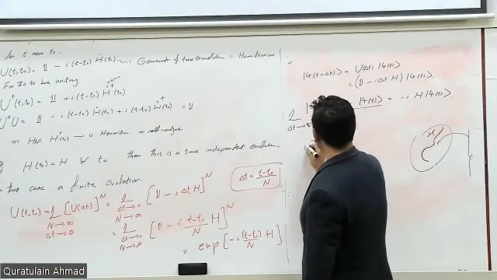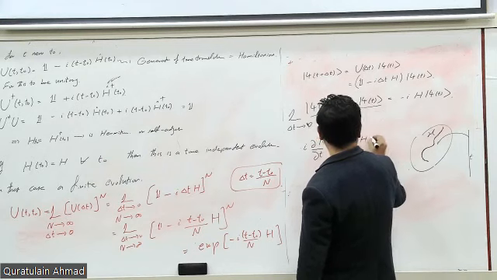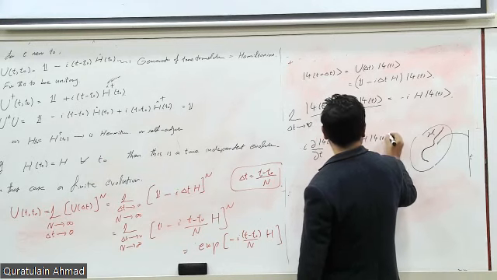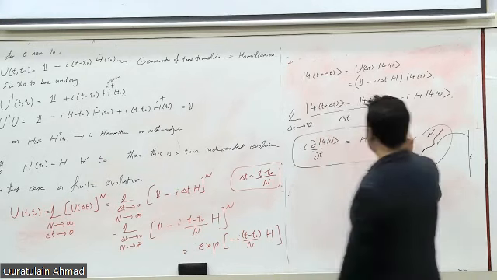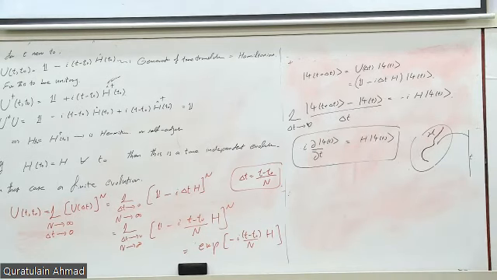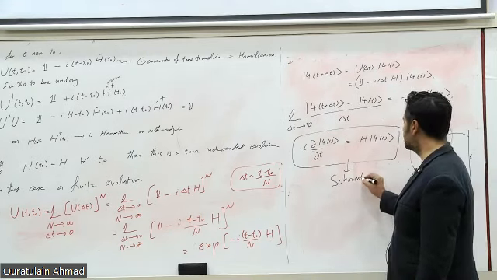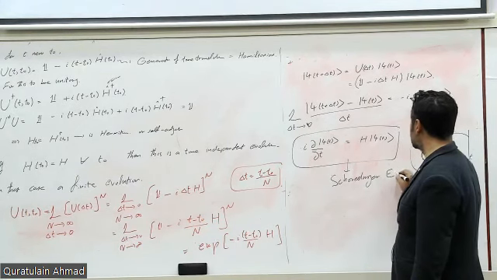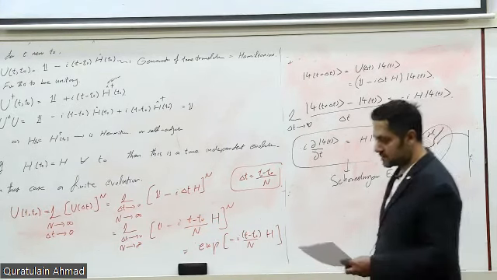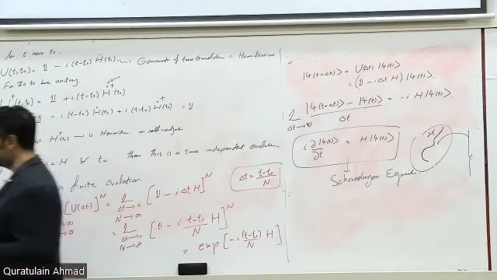I can bring it here. So it's just a consequence of saying that your evolution is unitary, that you have the Schrödinger equation. So the infinitesimal form of unitarity.